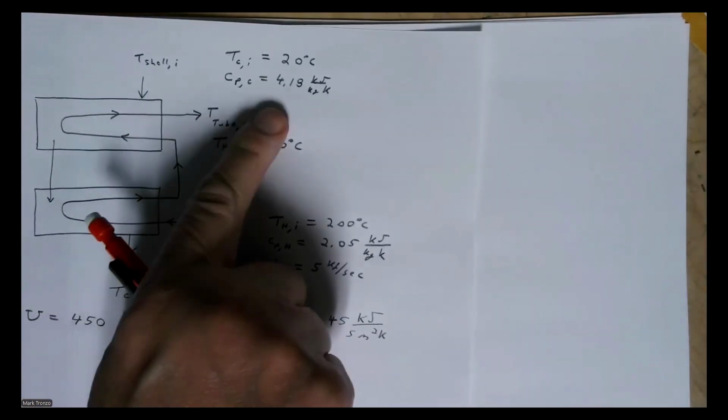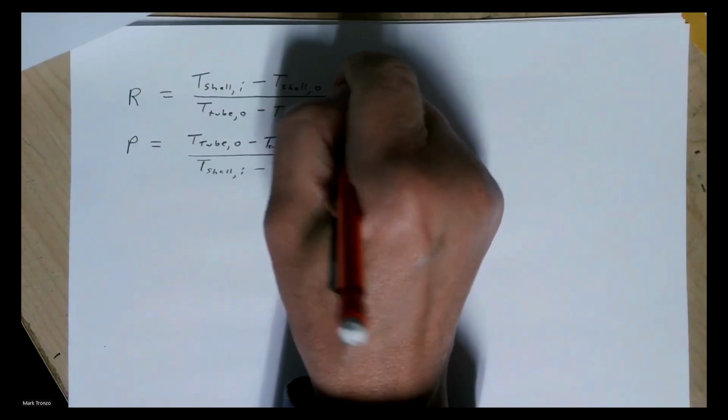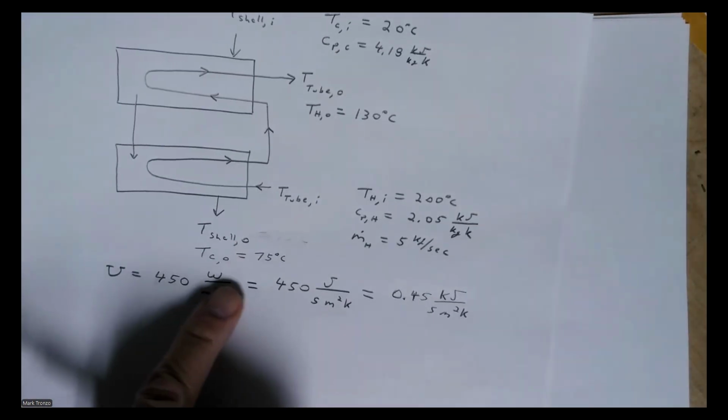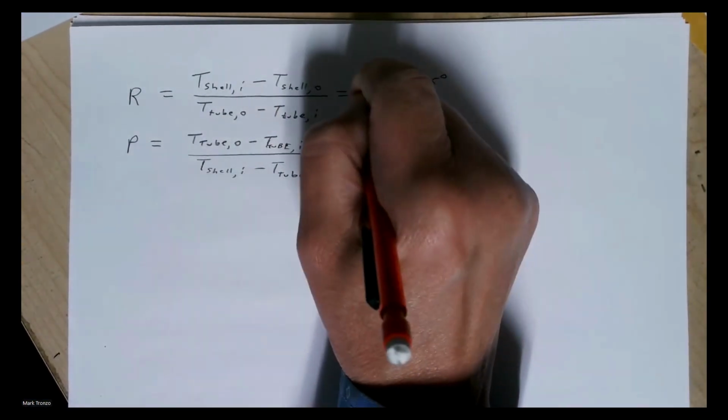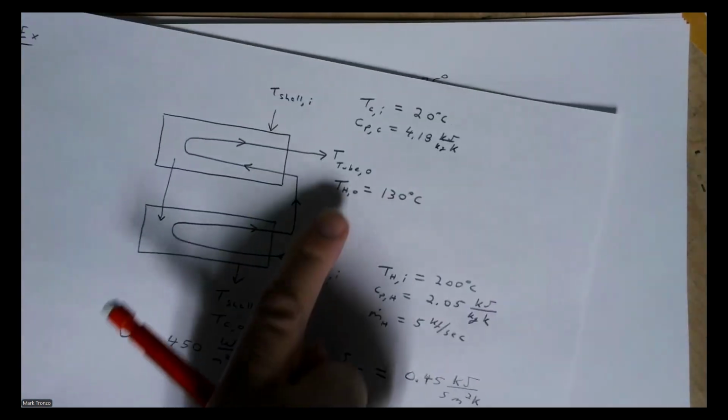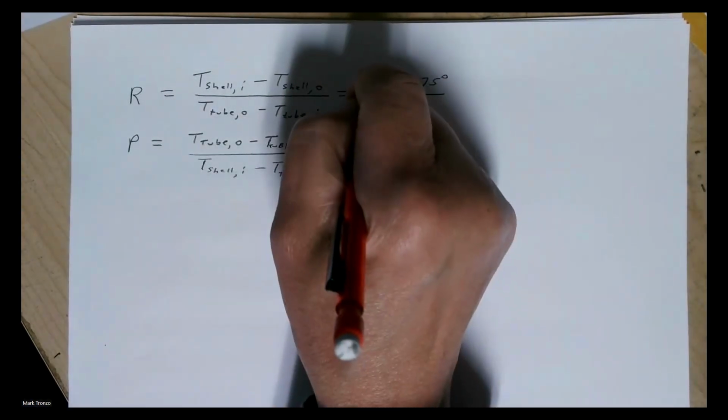So the T shell was this up here. The T shell in was 20. And then the T shell out was 75. And T tube out was 130.